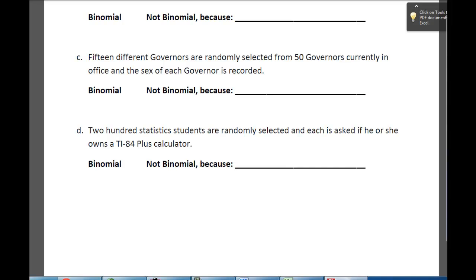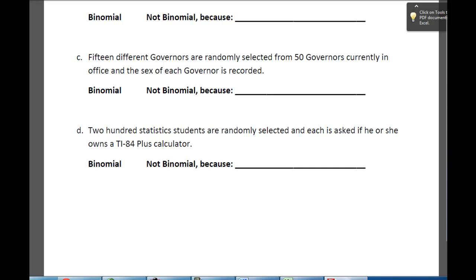That's what's important. Okay. 200 stats students are randomly selected, and each is asked if he or she owns a TI-84 Plus calculator. Is that binomial? Do we have a fixed number of trials? Yes. Is the probability of success the same from trial to trial? We have a larger sample here, 200.